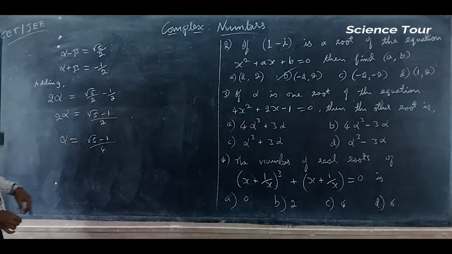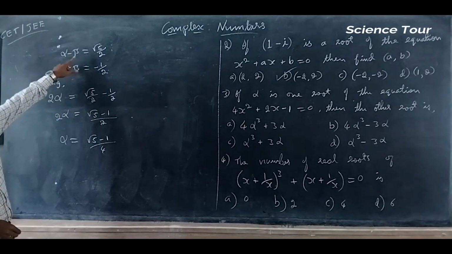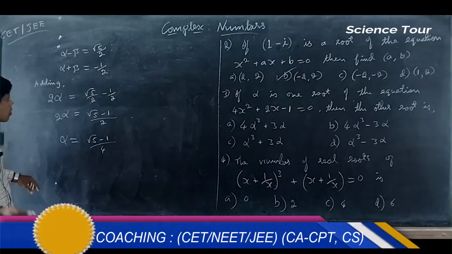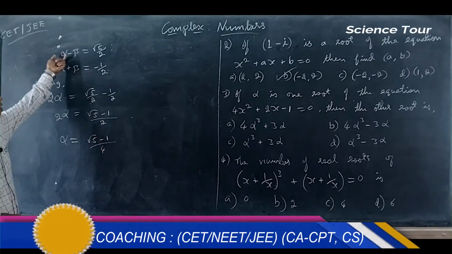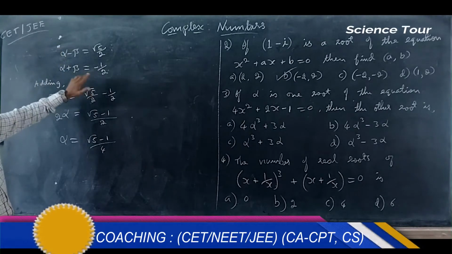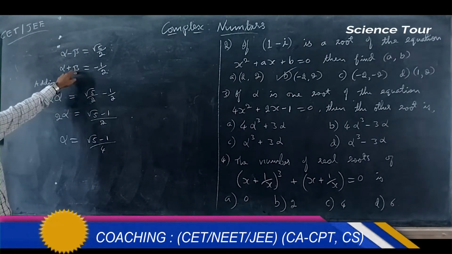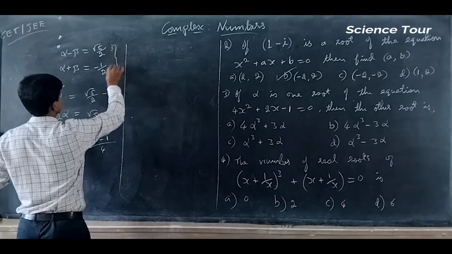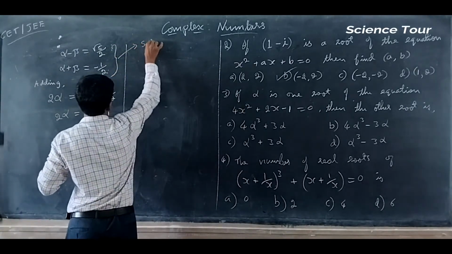That's your alpha. Now same equations, if you subtract, or you can substitute this here and then continue. That way is also fine to get beta. Okay, so whichever way you like. So what I'll do here is I'll work with these two equations and I'll subtract.